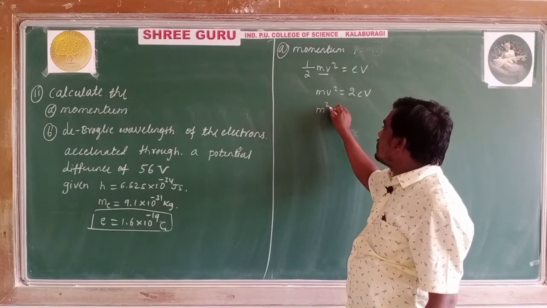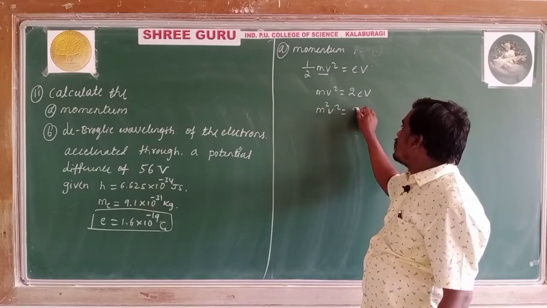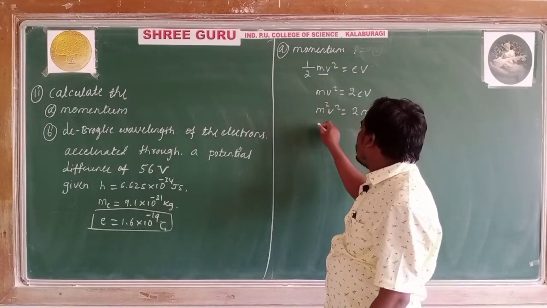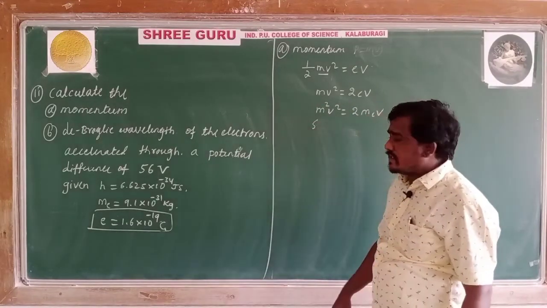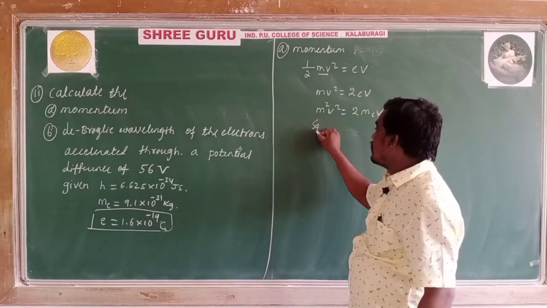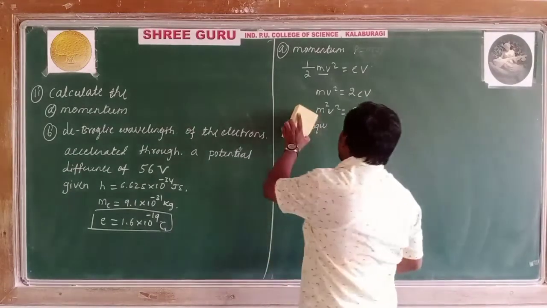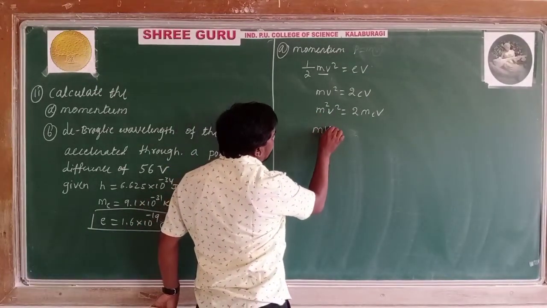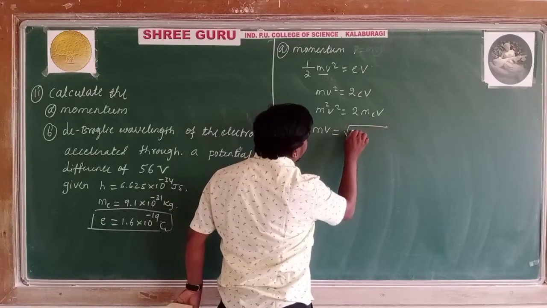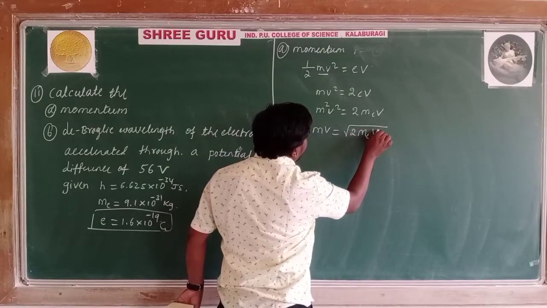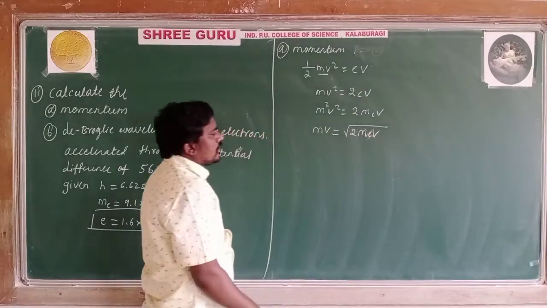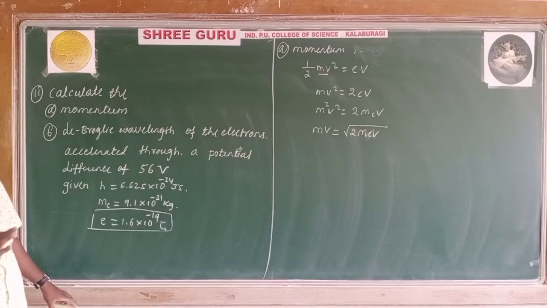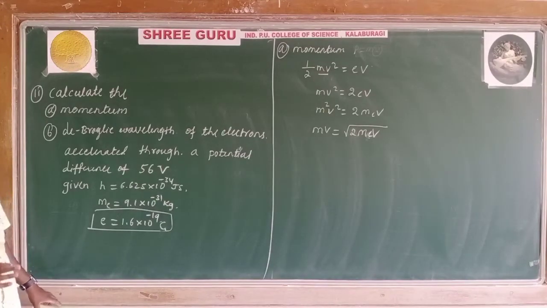Multiplying m on both sides means m square v square is equal to 2m eV, and taking square root on both sides, the square and square root get cancelled. It becomes mv, and here is square root of 2m eV. Now V is our potential difference, e is the charge and m is the mass.